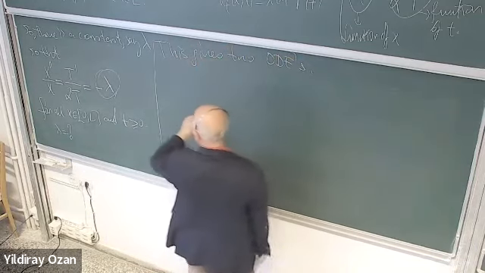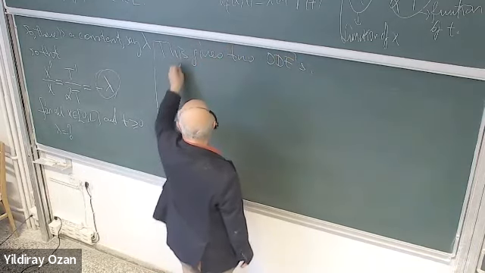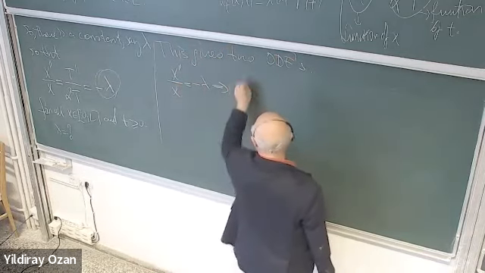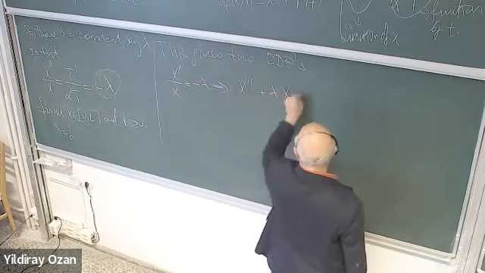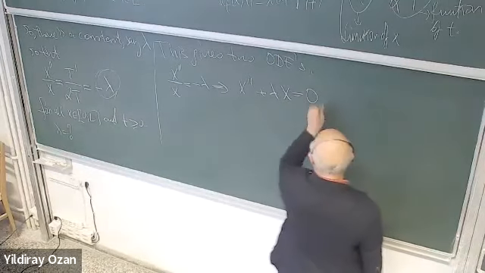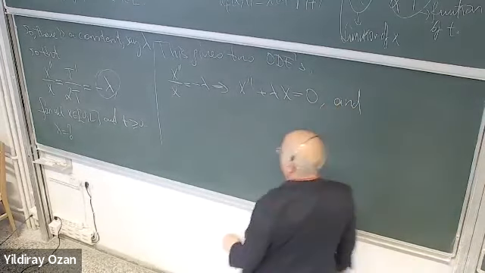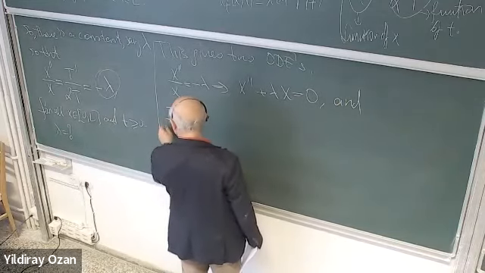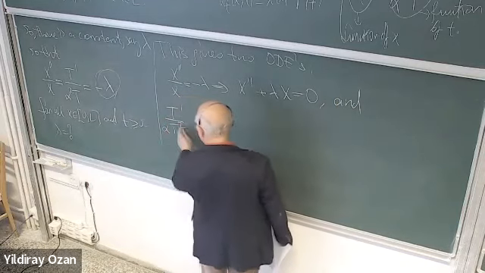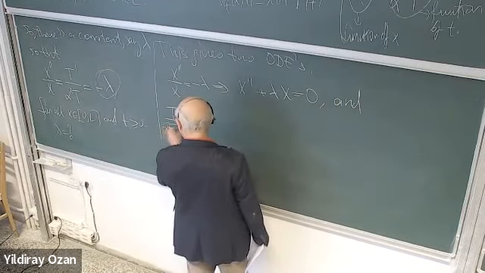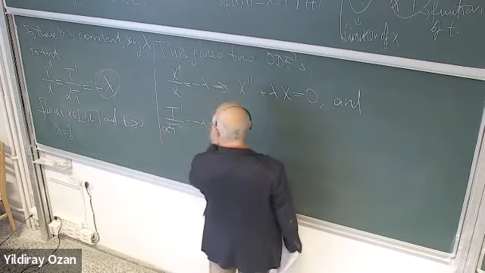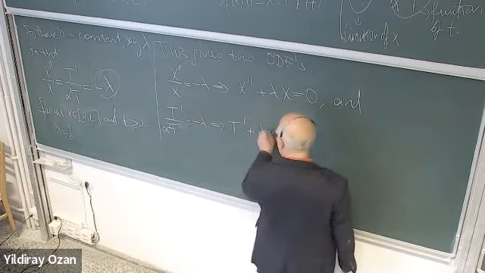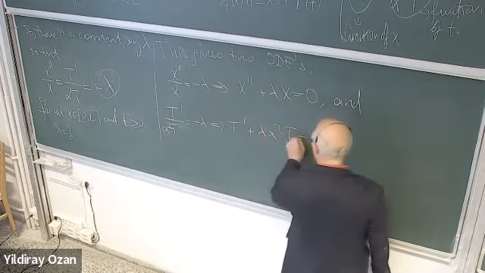Namely, the first one is just minus lambda, or I have this, and t prime over alpha squared t is minus lambda, or t prime plus lambda alpha squared t equals 0.